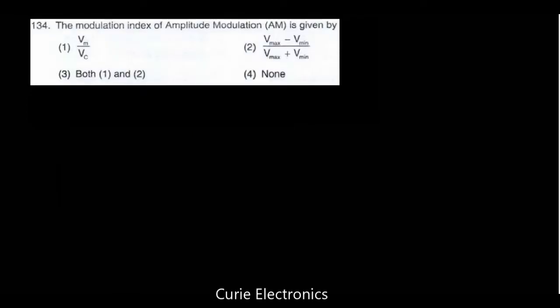The modulation index of amplitude modulation is given by, see, the amplitude modulation is what? We will have a carrier and signal. Finally, we will get a waveform like this.